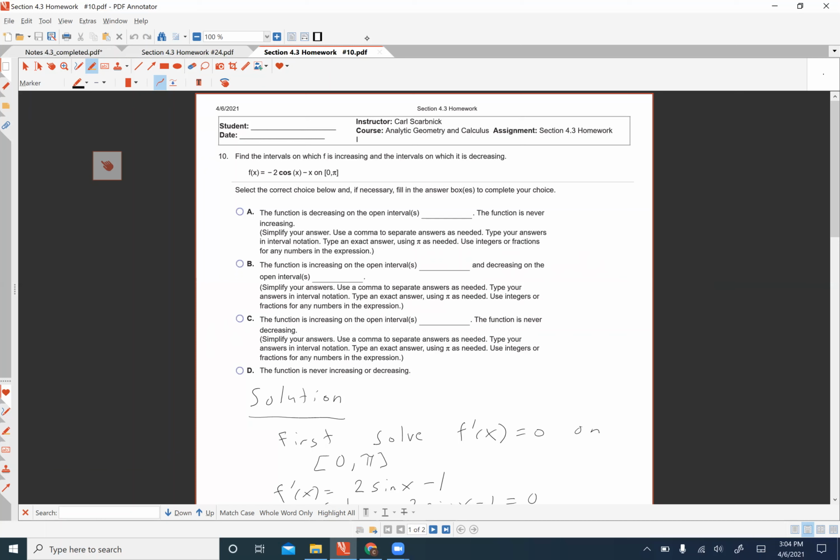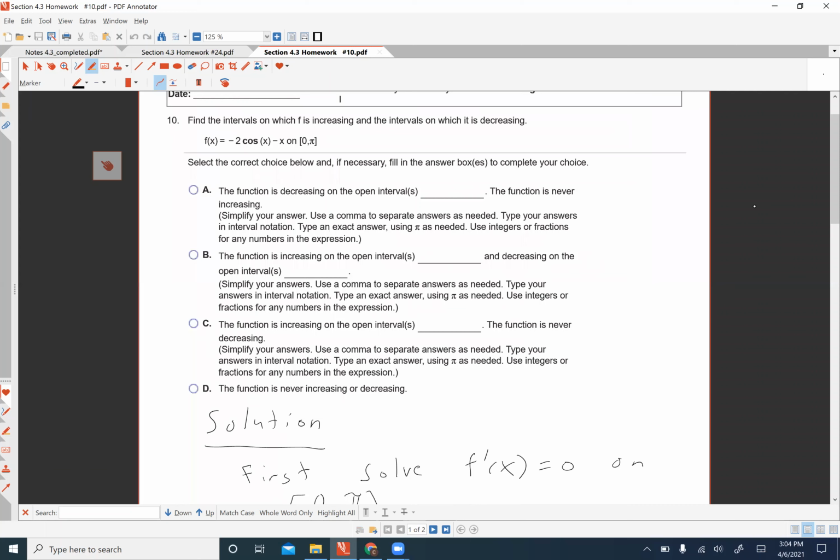Our solution is to first find the critical points of f of x in the interval 0 to pi, since our domain is restricted. Then we'll use those critical points to divide 0 to pi into segments, and see whether the derivative is positive or negative on either side of the critical points.